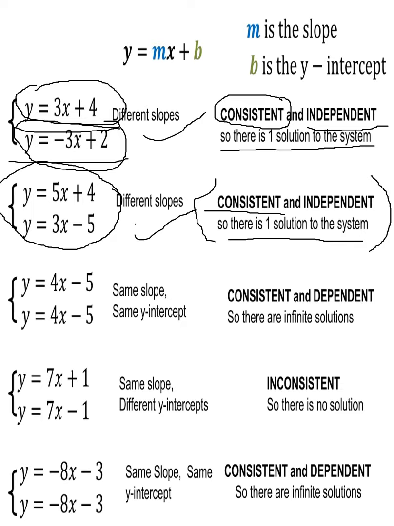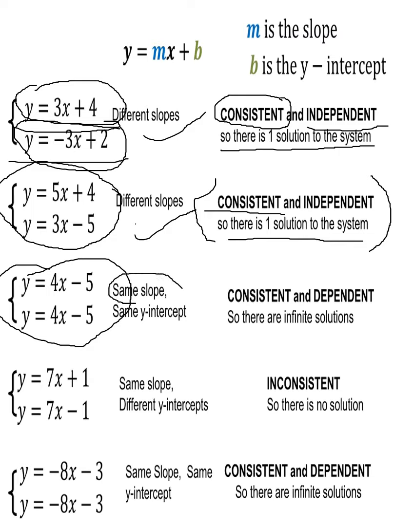In both of these cases, if slopes are different, we can find a unique solution. We can also say that if slopes are different, the pair of linear equations is consistent and their solutions are independent.